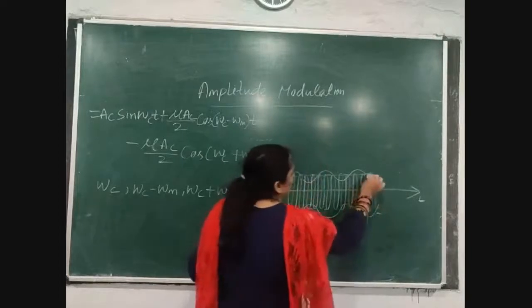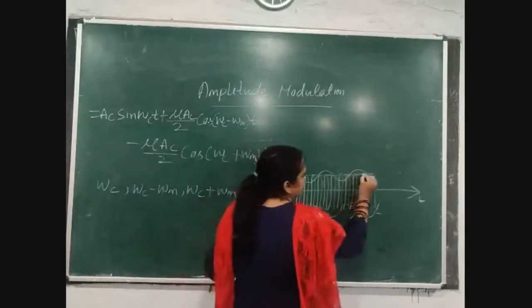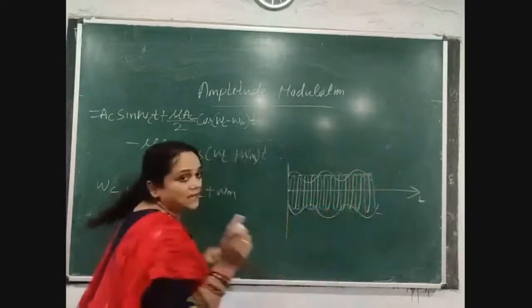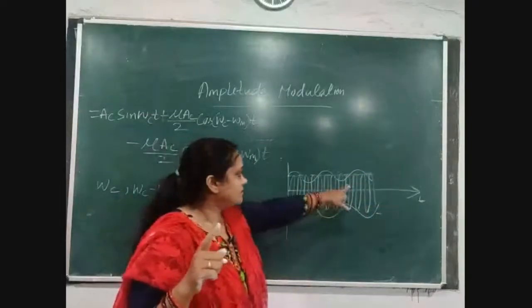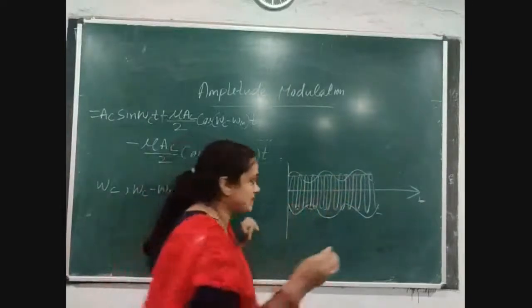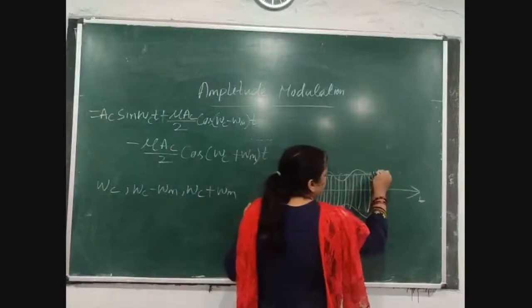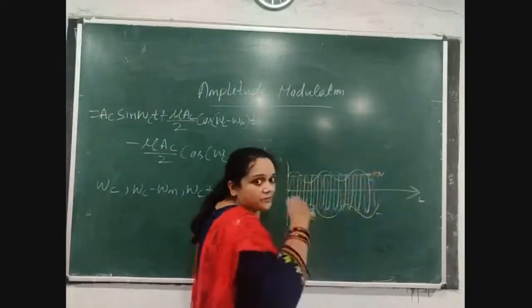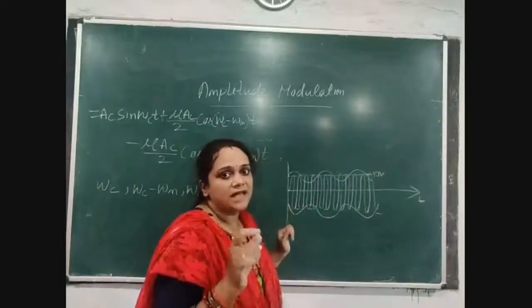Okay, so this 0 line that we assume: in the last example we assumed that the amplitude of the carrier signal is 10 volt. So this point is 10 volt, then we add 2 to get the maximum amplitude.